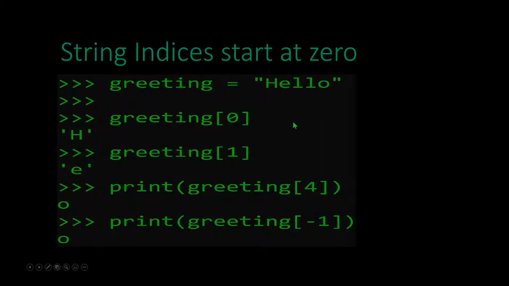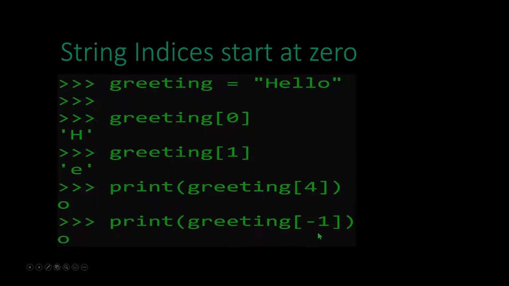If I want to do something with the first character, H, in this string value, I would type out the greeting variable, and in square brackets next to it, I will put the 0 index, because the 0 index in this value is an H. And you'll see when I type out greeting square brackets 0, it outputs H. So that's how you access an individual item in a string value.